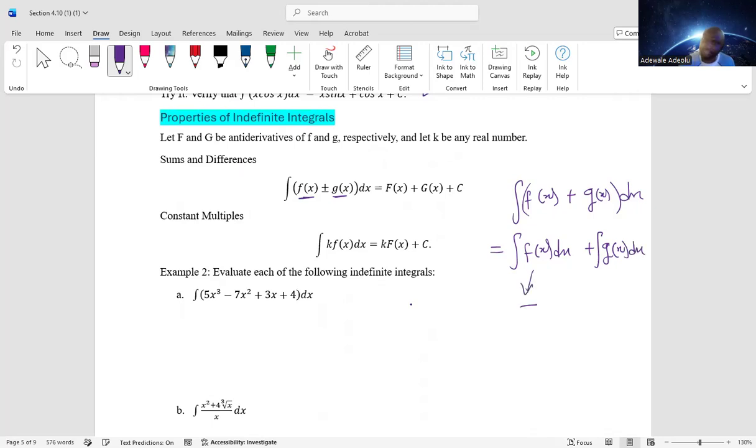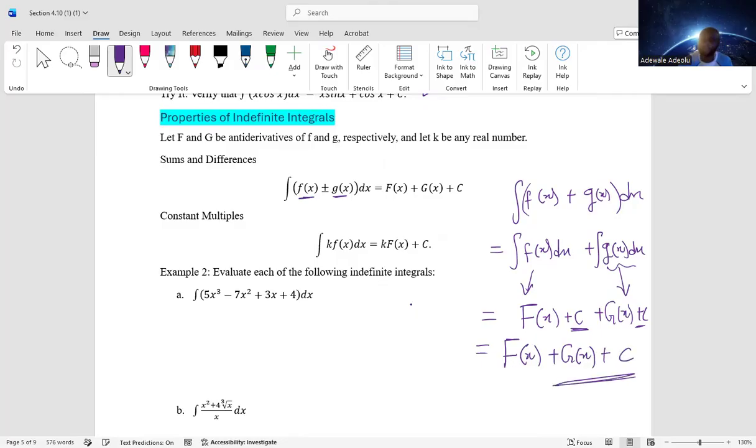Remember, one will give us f of x plus c and the other will give us g of x plus c. Since any constant plus any constant gives us another constant, our answer is f of x plus g of x plus a constant.